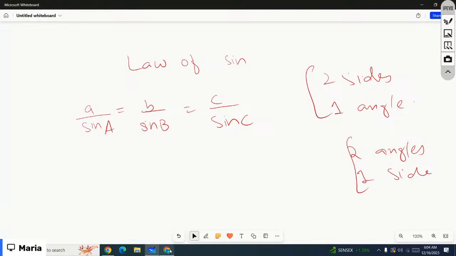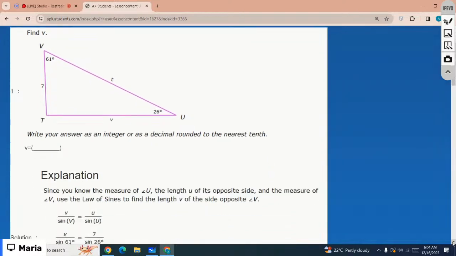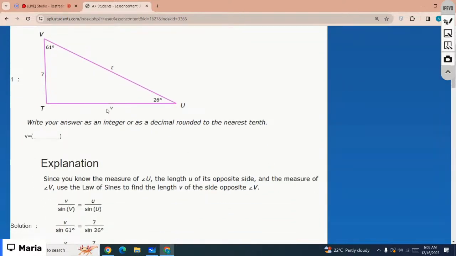Let's look at the first example. You are given a triangle and you have to calculate the value of v. In this case, you are given two of the angles and one of the sides. So you are given angle v, angle u, and side u.